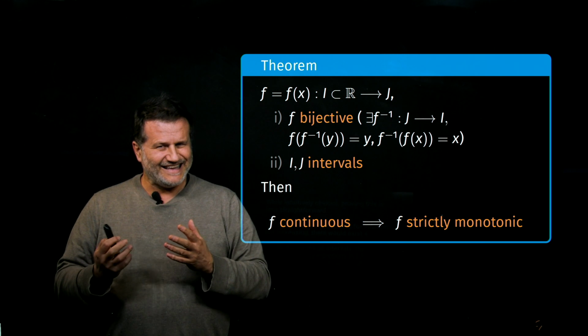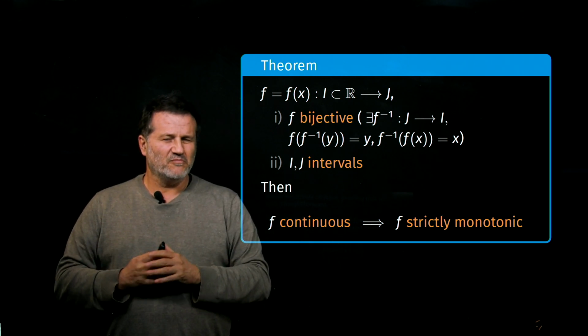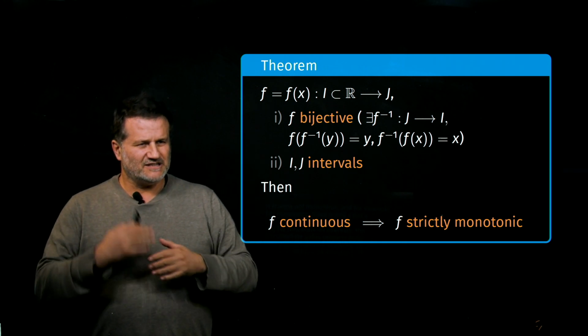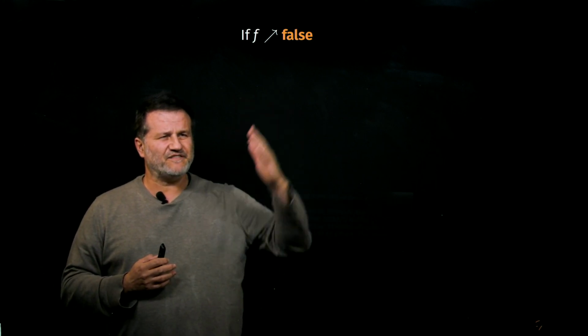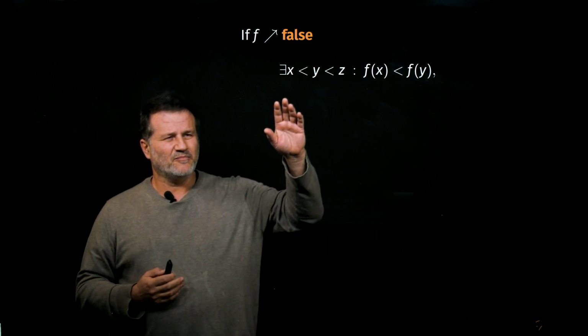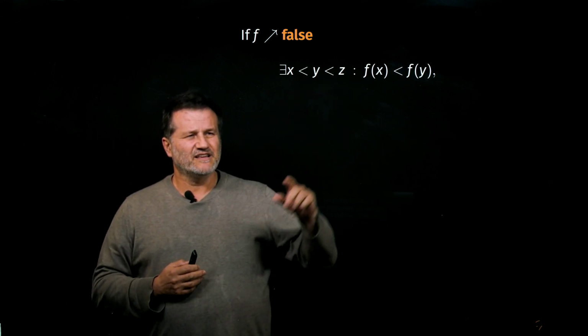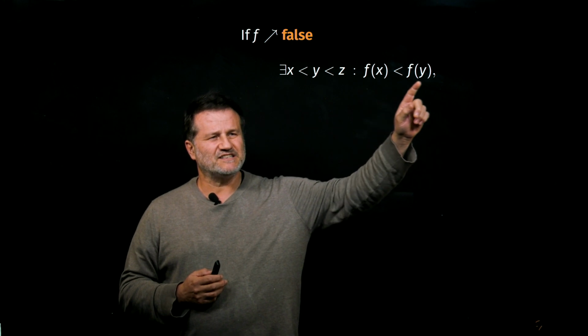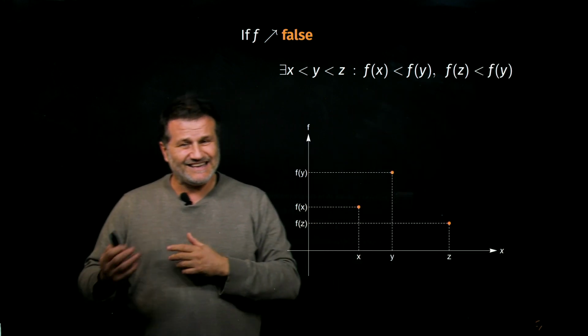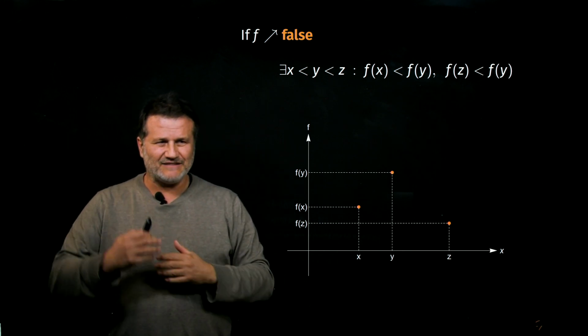This might be intuitively obvious, but to prove this is a bit less straightforward. So let's see the argument quickly. If f is not strictly monotonic, so for example, if f is not strictly increasing, it means that there are 3 points, x, y, z, ordered, such that, for example, f of x is strictly less than f of y, but f of z is strictly less than f of y, so it's not larger.